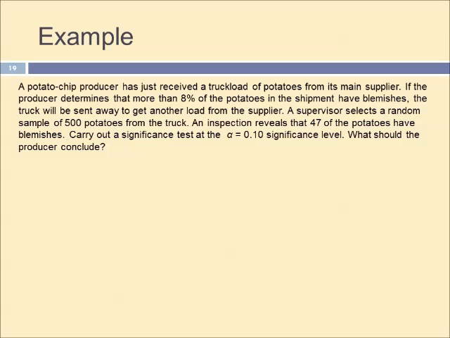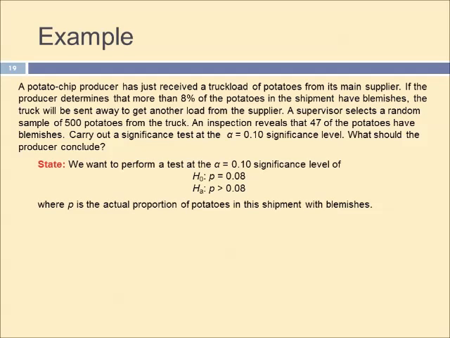A supervisor selects a random sample of 500 potatoes from the truck. An inspection reveals that 47 of the potatoes have blemishes, and we want to carry out a significance test at the 0.1 significance level. What should we conclude? So, state the hypotheses.